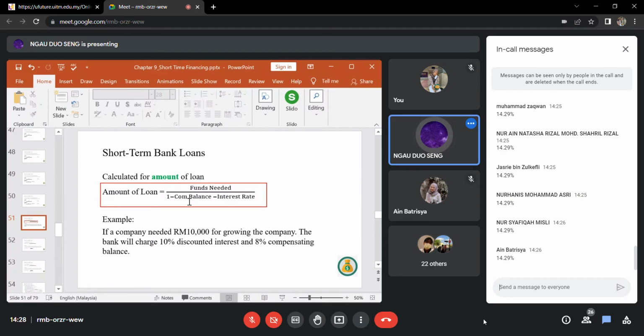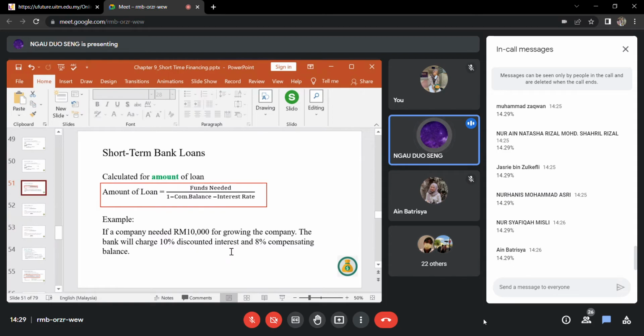Kita nak tolak discounted interest rate, and then the compensating balance, di mana compensating balance kita tak boleh guna. So kita kena lebih, we have to borrow more. Kita kena pinjam lebih daripada 10,000 supaya after tolak compensating balance, tolak the discounted interest, kita dapat 10,000. Okay?